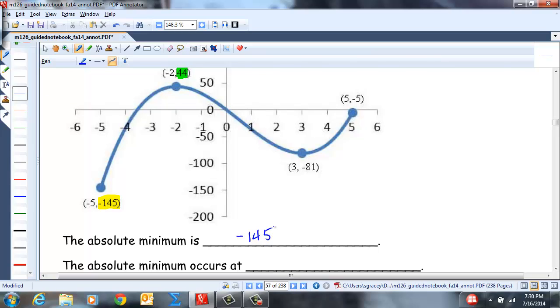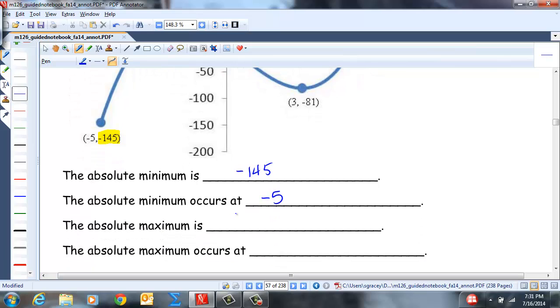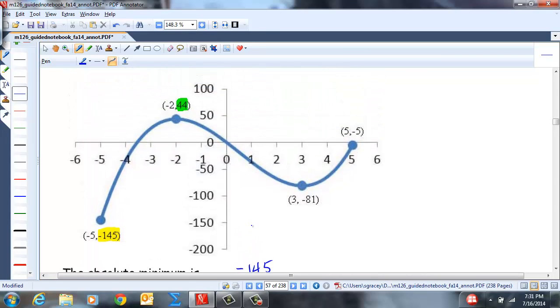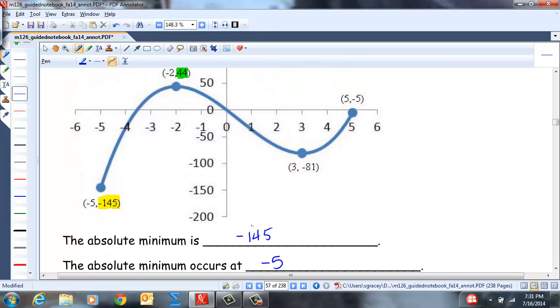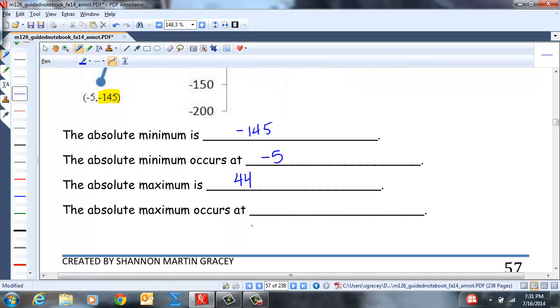Where does it occur? The absolute minimum occurs at negative 5. That's the x value where it happens. And the absolute maximum is, good, 44. And where did that occur? That one occurred at x equal to negative 2. Okay?